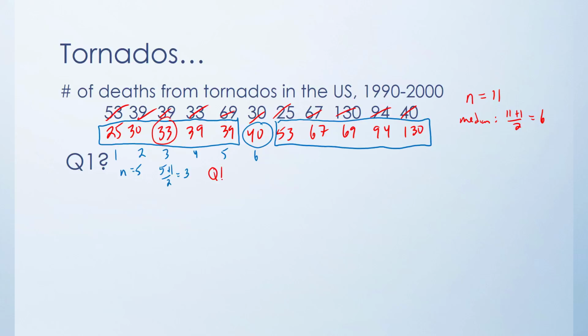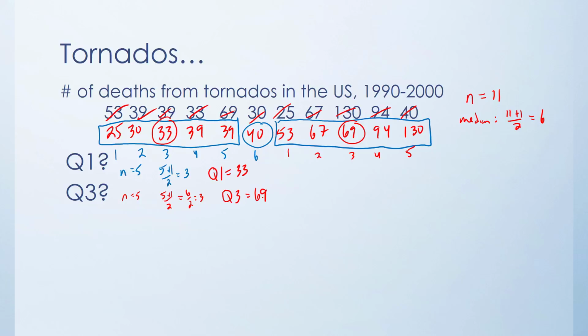So Q1 equals 33. And then we're going to do the same thing for Q3. We've got 5 data values in the upper half. And so again, we're in position 6 over 2, or 3. And so we count 1, 2, 3, 4, 5. So we're in position 3, so that means our Q3, our third quartile, is 69 in this case.